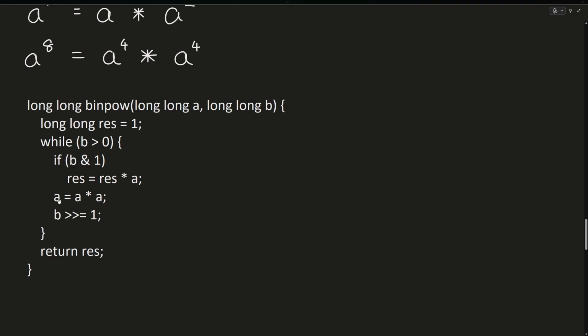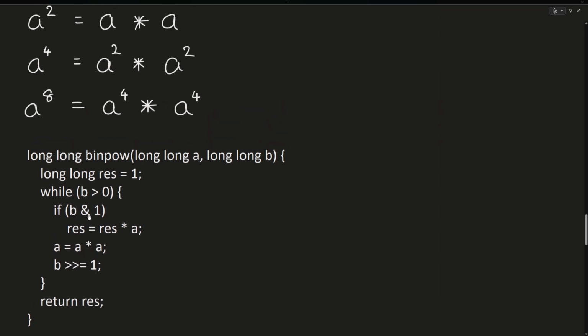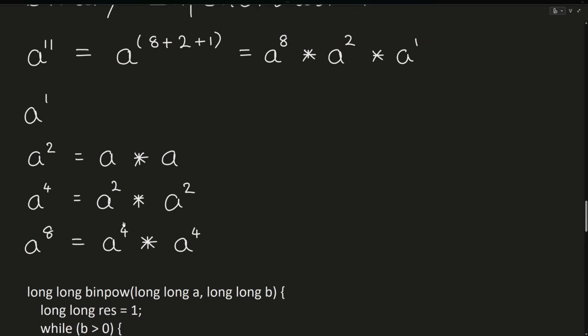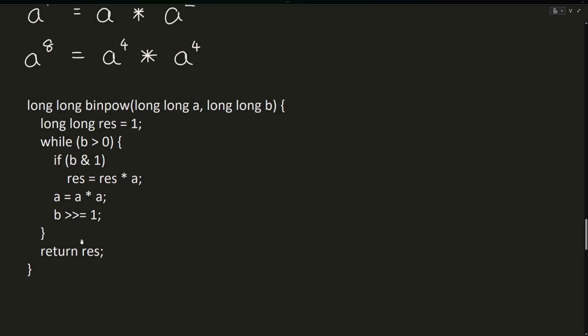So we move on by squaring the current a. So like here, we have a square is equal to a into a, a power 4 is equal to a square into a square. We take the previous value of a and square it. Then we right shift b by 1. This is to check the next bit of b in the next iteration.